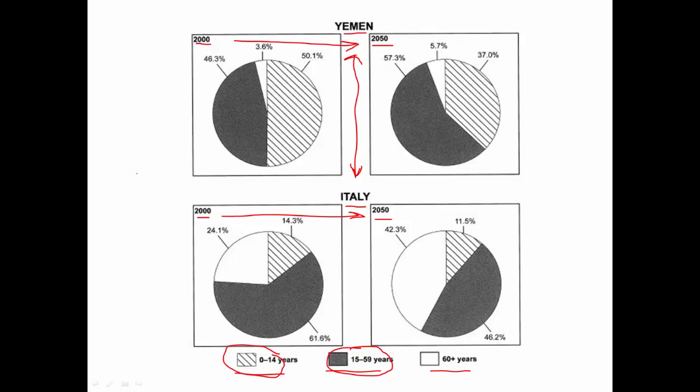So overall, Yemen has the younger population for both dates. Then we would compare 2000 and 2050 for both, and for both Yemen and Italy, it is predicted that between 2000 and 2050 the populations will get older. So for Yemen and for Italy.